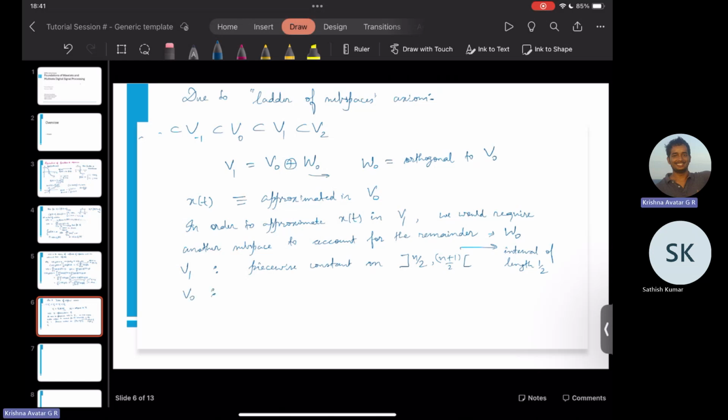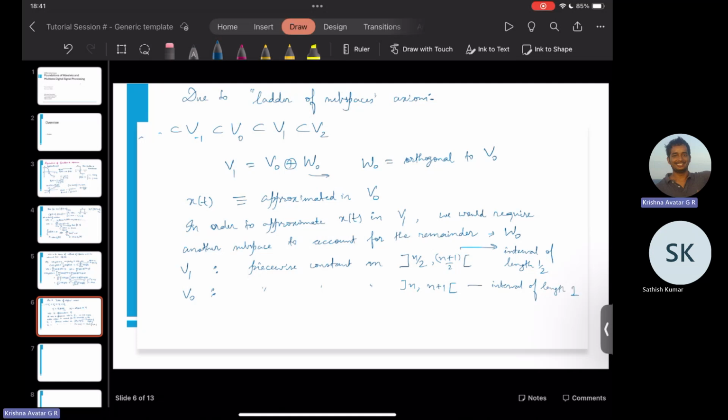And V naught is piecewise constant on an interval n comma n plus 1, so an interval of length 1.